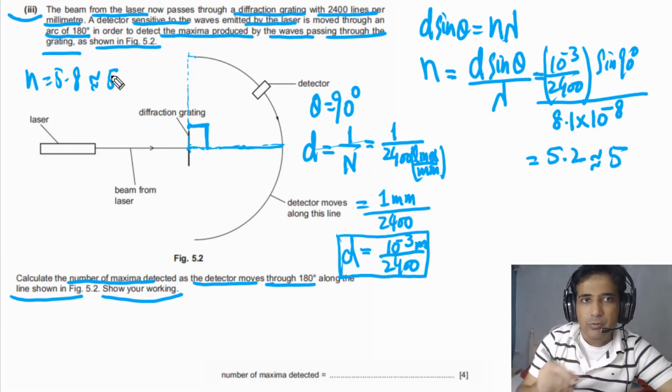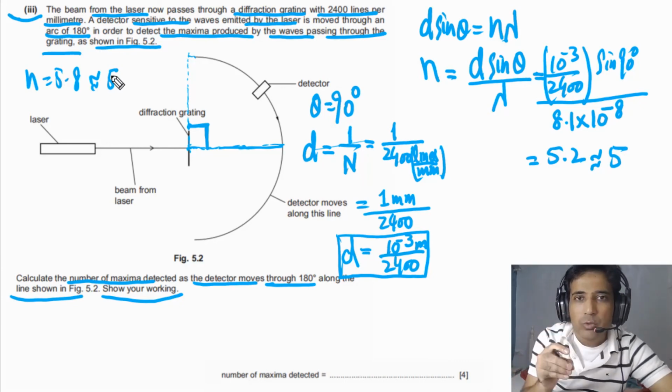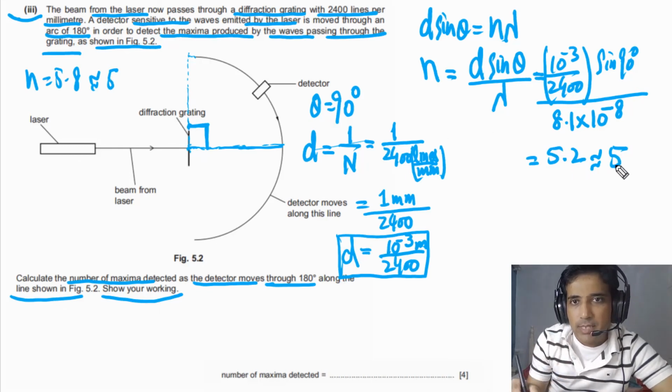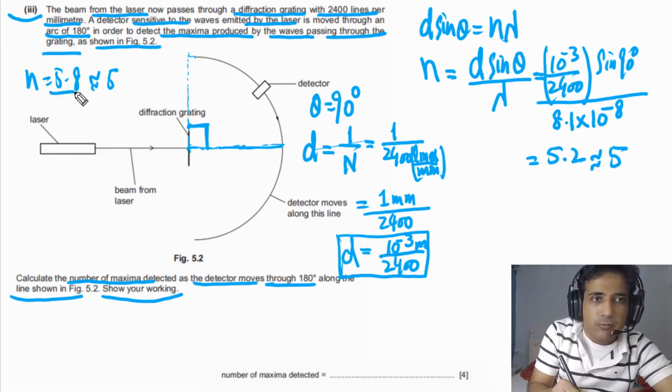You have to write the next closest integer that is smaller, not greater. We have to take a positive integer, but it has to be the smaller one, not the higher one. So in this case you have to take 5, not 6. Even if you got n equal to 5.8, you still have to write 5.